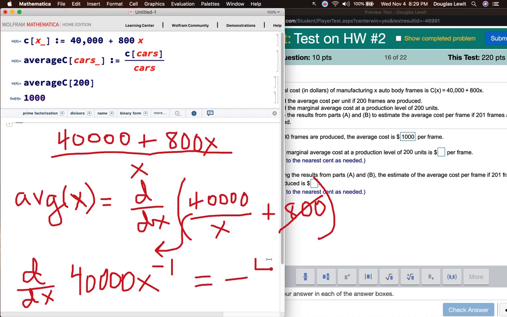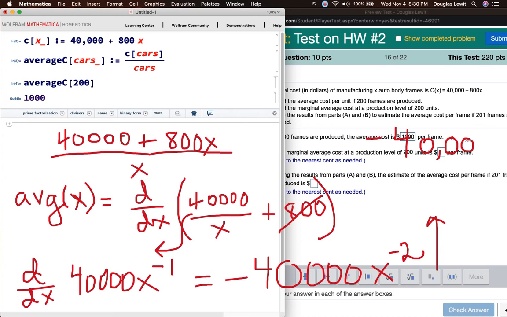That's going to be negative 40,000 times x to the power of -2, which is the same thing as negative 40,000 divided by x squared. I'll put in that comma because I think it looks better.